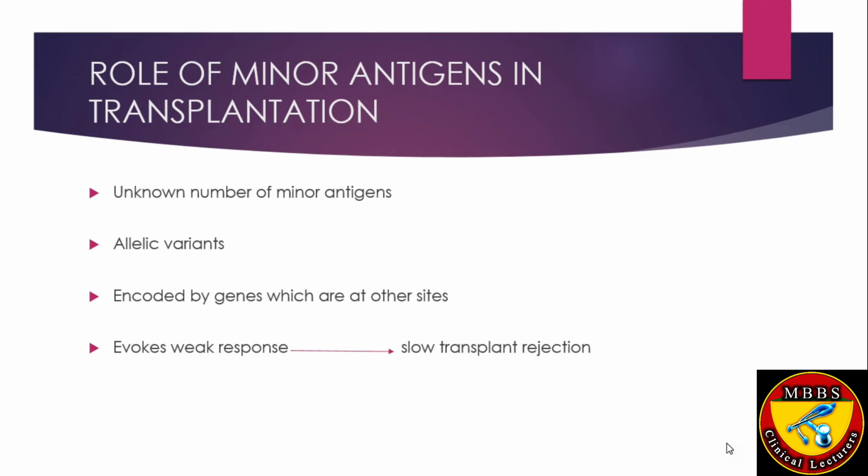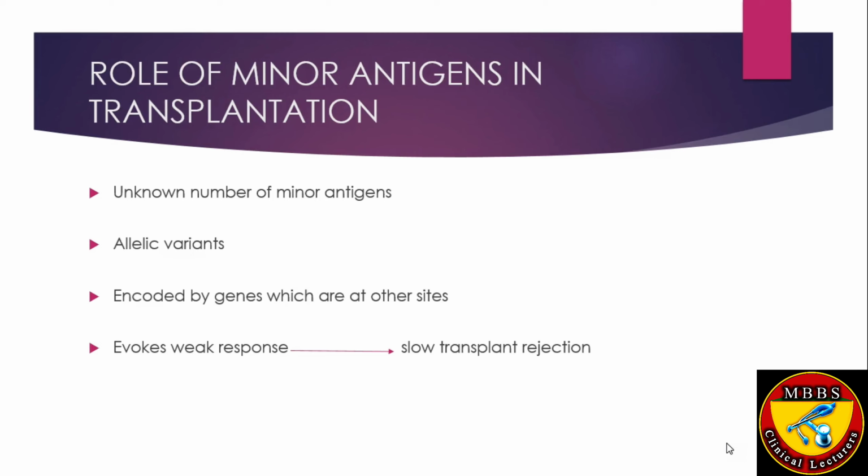They are encoded by genes at sites other than the HLA loci, and these minor antigens evoke a response, though the level is comparatively weaker, but they can cause transplant rejection at a slower speed.